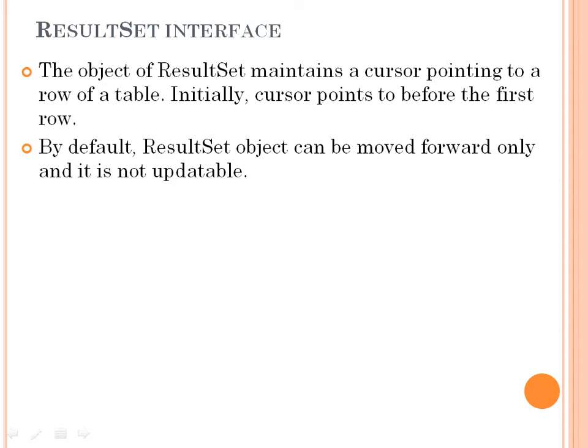Initially the cursor points to before the first row. By default, a ResultSet object can be moved forward only and it is not updatable. It means whenever we are fetching the data from the table, it will go 1, 2, 3, 4, it will not go backward. At that time we can use the ResultSet interface.